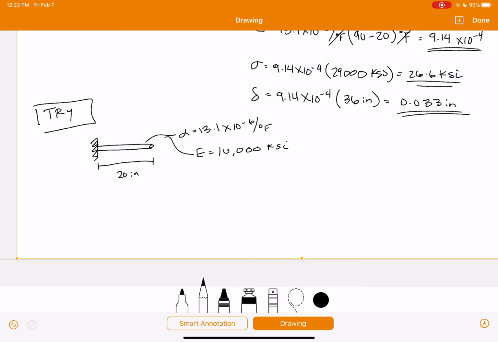And the starting temperature is 70 degrees Fahrenheit, and the final temperature is 90 degrees Fahrenheit. So find stress, strain, and deformation of that bar.